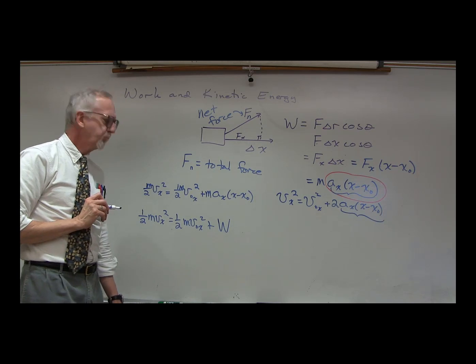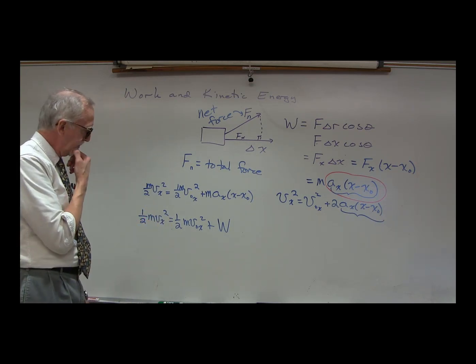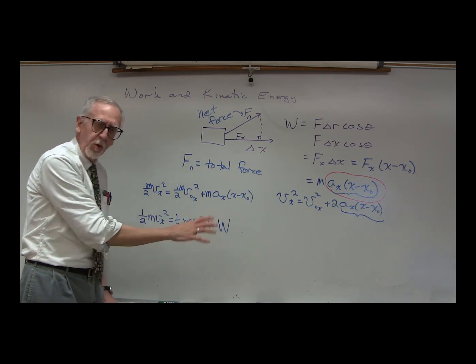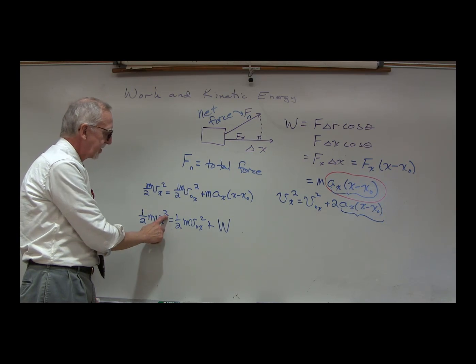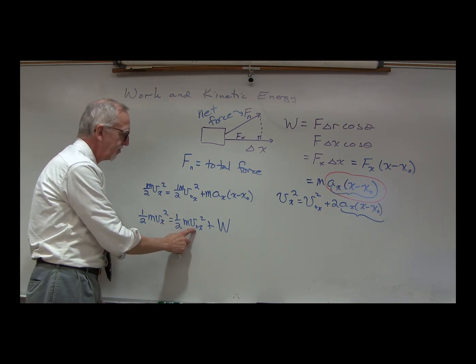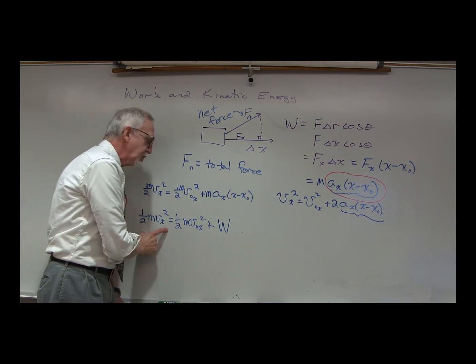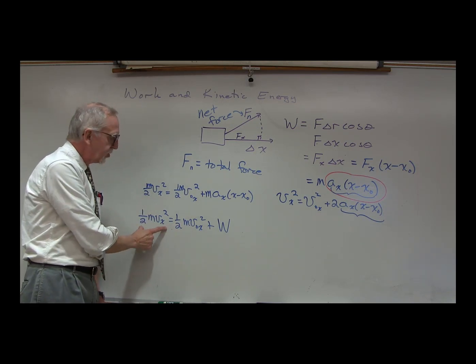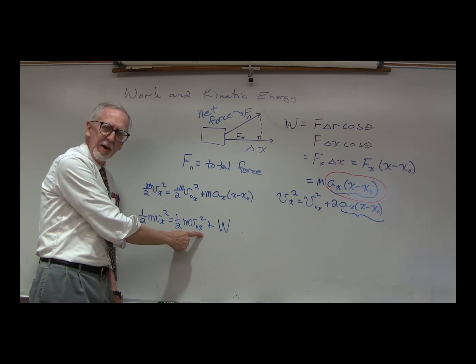There we go. Well, this is a very interesting result. Let's take a look at this just for a minute. We've got this work. Now we know what the work means, but what are these things over here? We've got 1/2 m v x squared, 1/2 m v naught x squared. Well, these look like the same term, except this one is evaluated finally, and this one is evaluated initially.